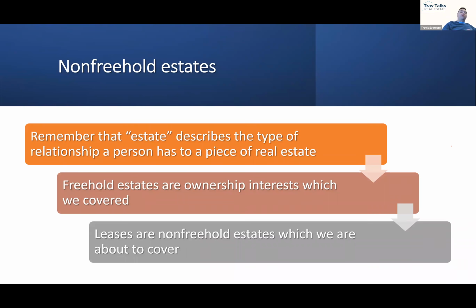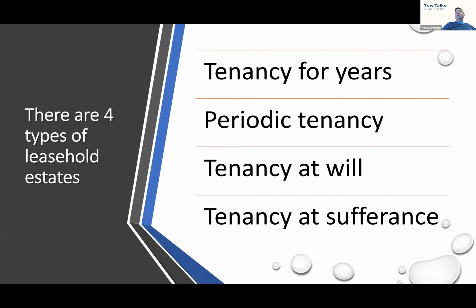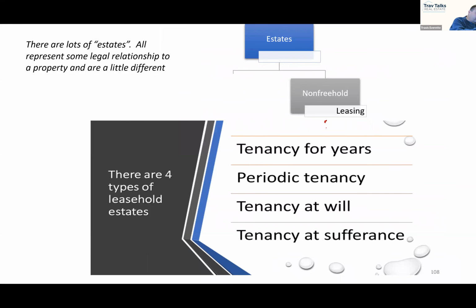And just like everything else we've talked about thus far, there are multiple types of non-freehold estates. Just like there were multiple types of ownership estates, there are multiple types of leases. We're going to talk about the 4 different types of leases, just breaking out the 4 different types that exist.